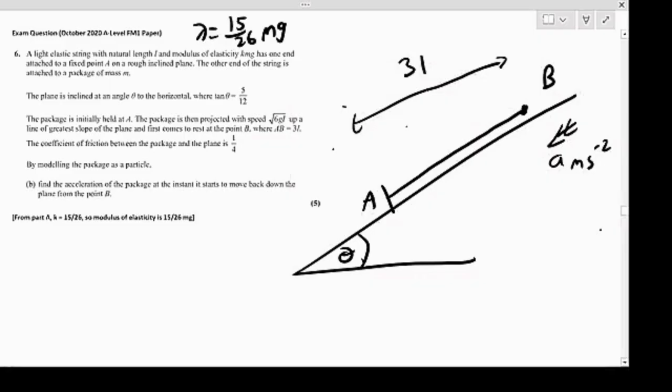Now in terms of forces, well, again there's going to be a force of the particle. The mass is m, so it's just going to be mg. Again, we're going to need to split up my weight. I'm going to mark the acceleration here.